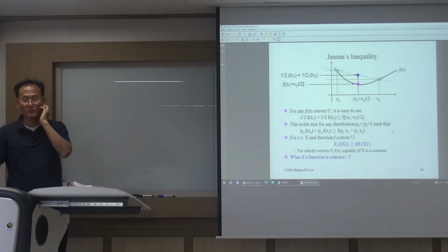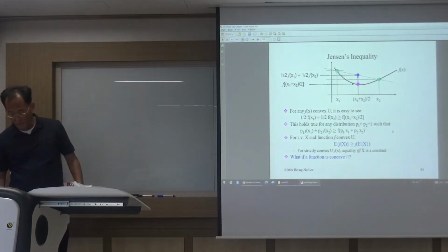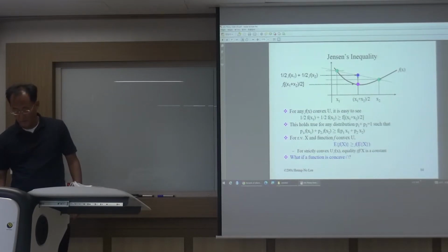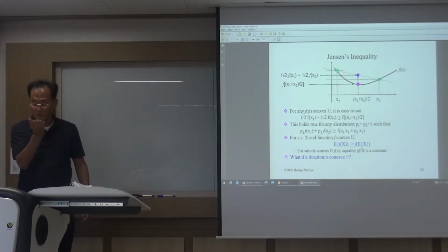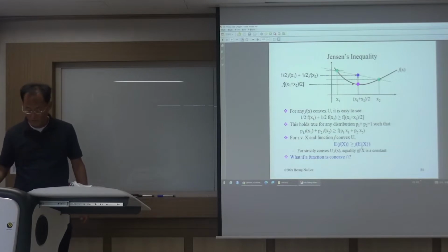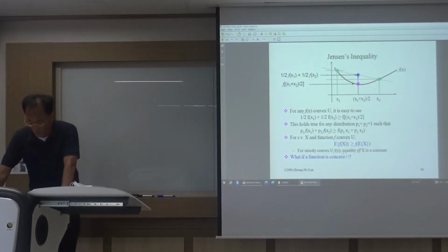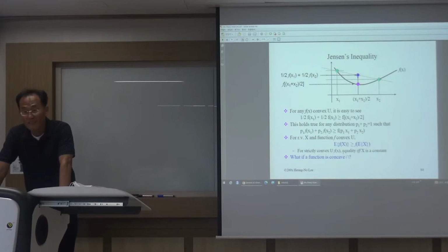If you know the definition of the convex function, it's easy to derive this one, right? Expectation of a function versus function of expectation. For convex function, the inequality goes this way. And if it is a strictly convex function, equality holds if and only if x is a constant. We talked about that.